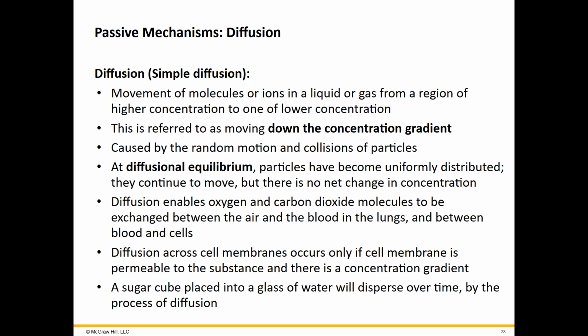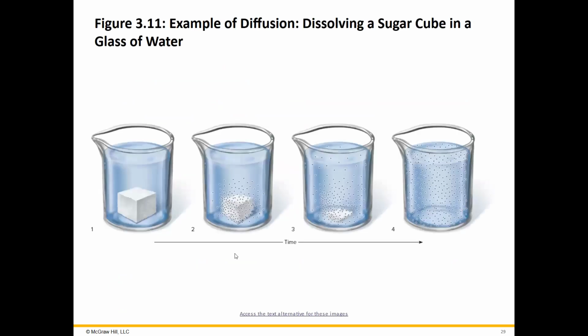So it occurs only if the cell membrane is permeable to the substance. So the things that perform simple diffusion have to be small enough to just naturally pass. Okay. An example to use in real life is placing sugar in a glass of water, right? You put sugar in a glass of water, that water is more concentrated outside of the sugar than inside the sugar.